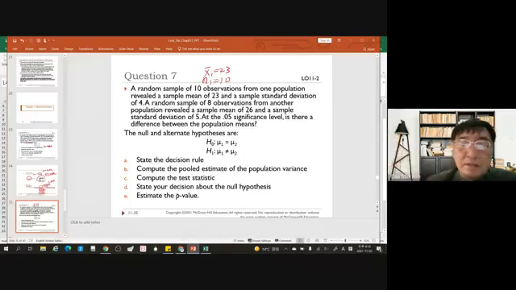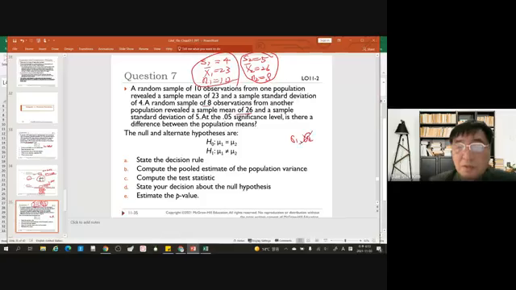The sample standard deviation S1 is not sigma, this is S. A random sample of 8 from another one, so N2 is 8, with sample mean X2 bar 26 and S2 is 5. Sigma 1 and sigma 2 are unknown, so we will use a t-test.